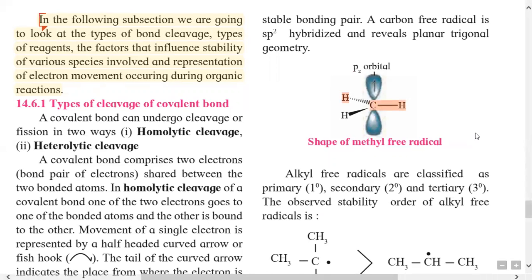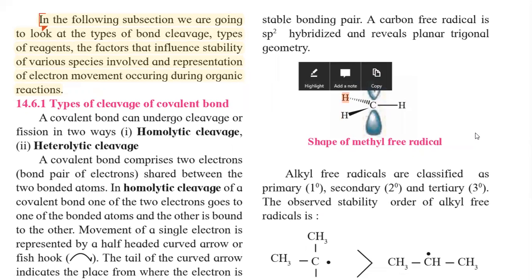Then this dark line, called a wedge bond, is the bond present above the plane, and a dotted line bonded hydrogen is the bond present below the plane of carbon.